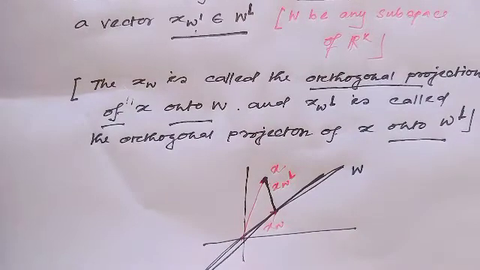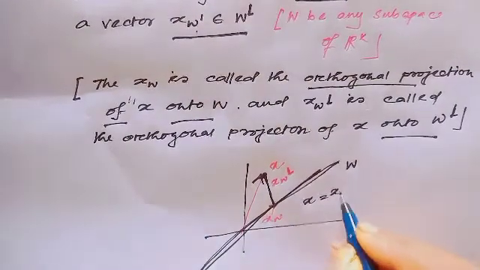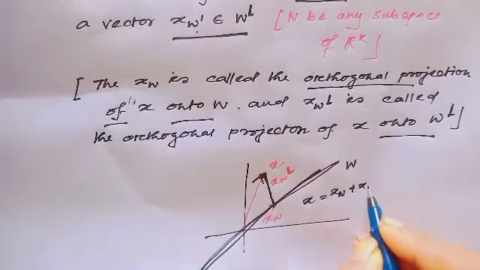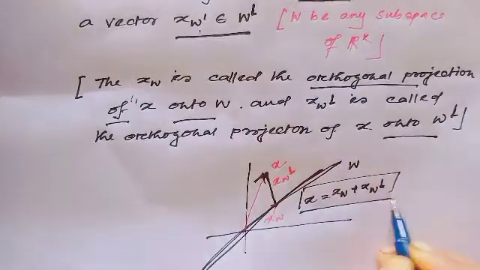That means the vector x can be written as xW plus xW perp. Are you getting the geometry?